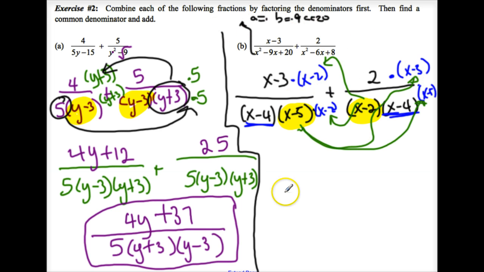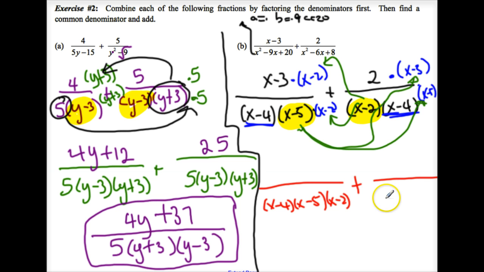Now that I have all that craziness, I know my denominator here is going to be X minus 4, X minus 5, X minus 2. It doesn't matter it has that many, but both of these have to have the same denominator in order for me to combine them.